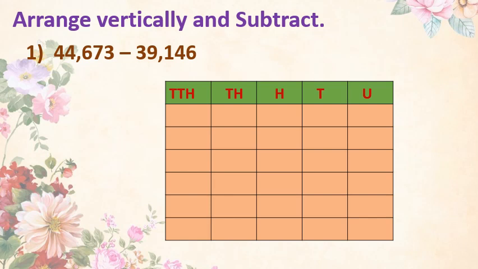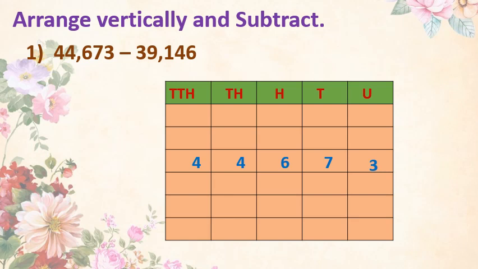Okay, we will start. Here 3 we will write in the unit place, 7 we will write in tens place, 6 in hundreds place, 4 in thousands place, and one more 4 is there that we will write in 10,000s place. Yes, students, I left 2 rows up vacant because we will borrow the numbers that we will write there.